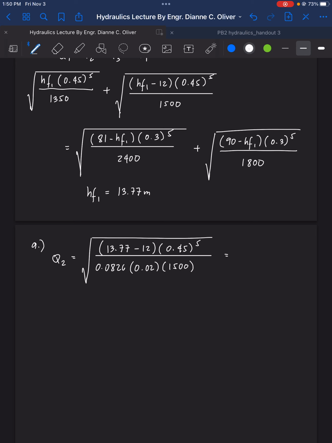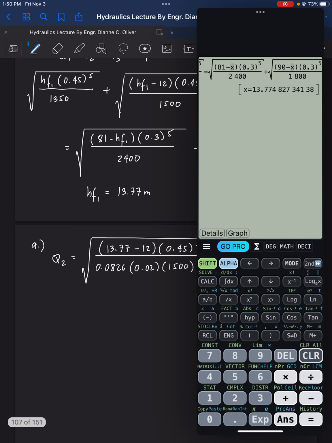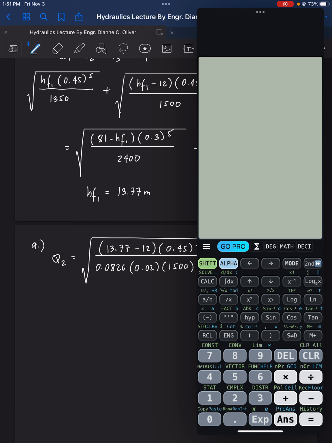So what's our Q2? That is square root of 13.77 minus 12 times 0.45 raised to 5 all over 0.0826 times 0.02 times 1/5.